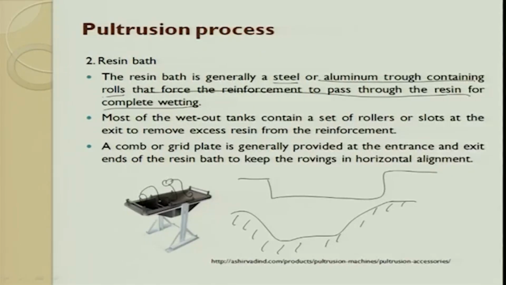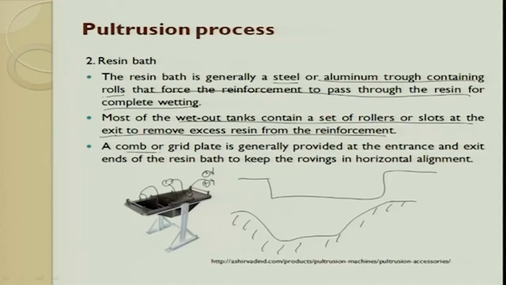If one fiber in the roving is not getting wetted properly, then it might lead to a defect. Most wet out tanks contain a set of rollers or slots at the exit to remove the excess resin from the reinforcement. The moment it comes out, you will have two rollers, and these two rollers will squeeze and remove the excess resin.